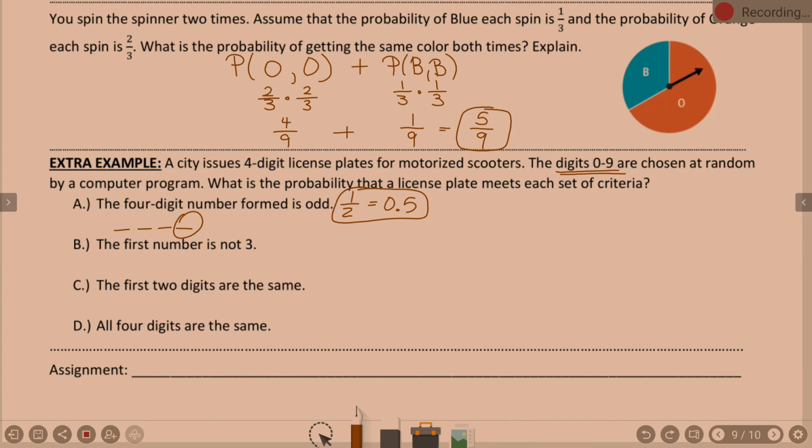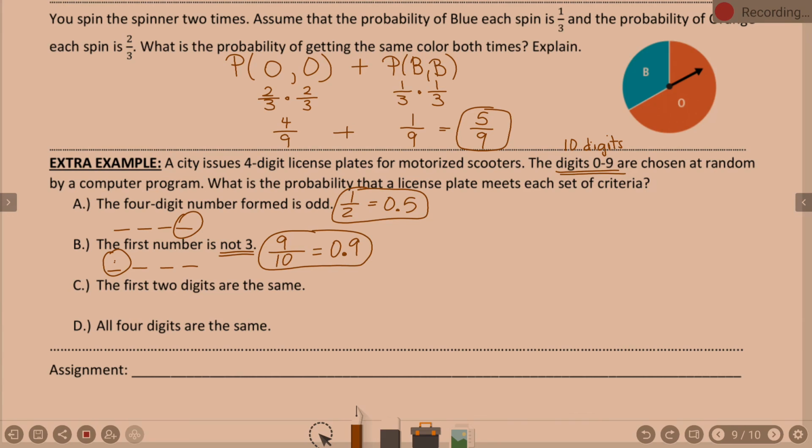You guys have learned this trick over time, maybe? So realize this is 10 digits. When you're looking at the first number being a 3, all that really matters is that number right there. First number is not 3, so how many numbers are not 3? That's 9 of them out of how many total numbers? 9/10. So that's 9 over 10 or 0.9. Okay, we're getting it.